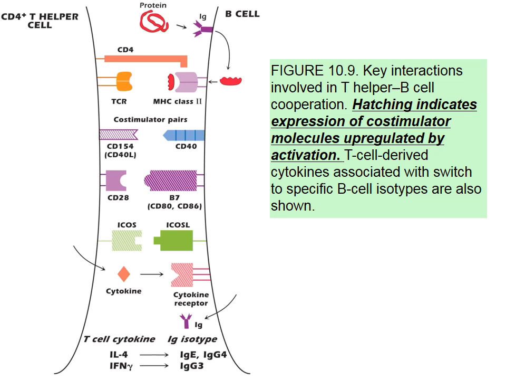Now, how would that happen? It will happen, for example, by this mechanism. A cytokine will be secreted by the T cell, and a corresponding receptor will be expressed. So why is this receptor hatched?